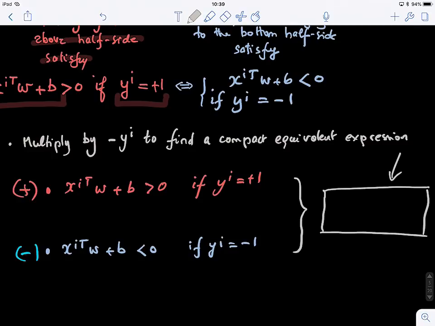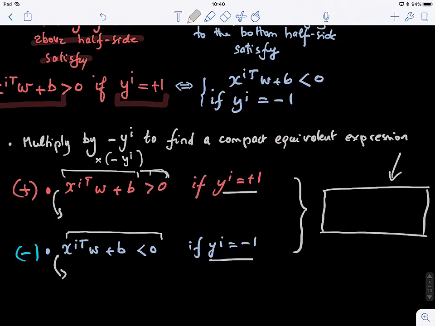I would like you to write it down. All you need to do is multiply all terms by minus yi, and the same here, you multiply everything by minus yi.